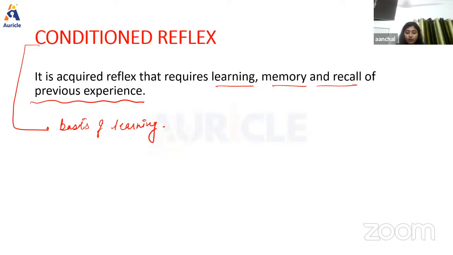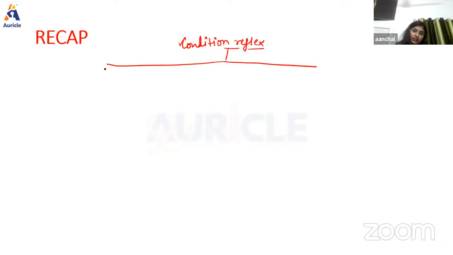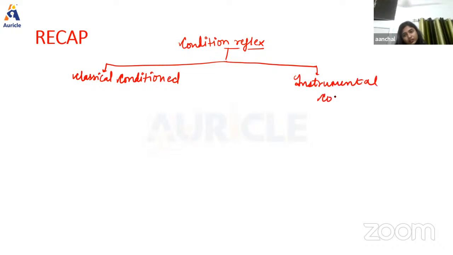Now, talking about the classification. In conditioned reflex, we have a huge classification that we're going to learn. The conditioned reflex is classified as classical conditioned reflex and instrumental conditioned reflex.